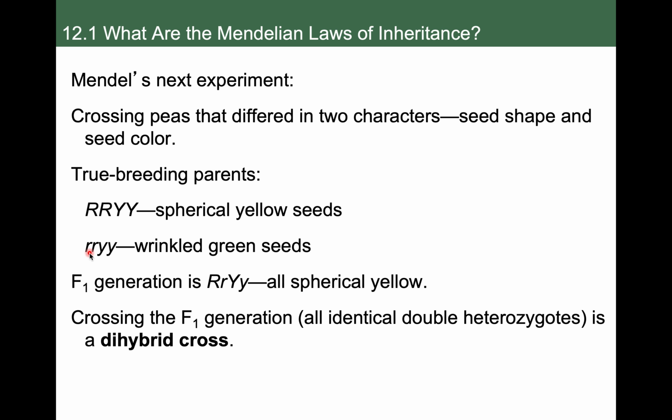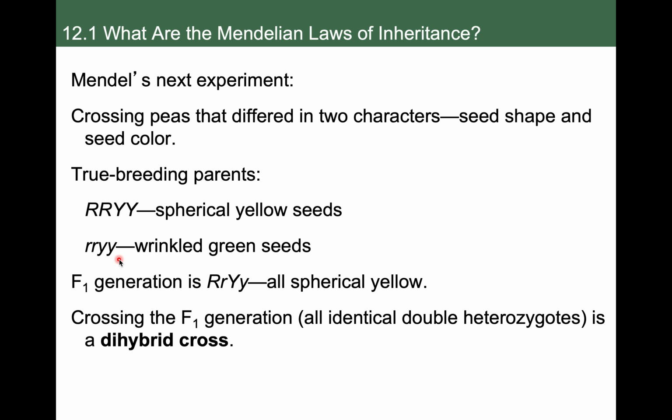But he basically did the same experimental setup, right? So we had these very inbred, quote unquote, true breeding parents that were completely homozygous, either homozygous dominant or homozygous recessive. Crossed those, looked at the F1 generation, and then allowed those to self-fertilize, grew up the F2, and looked at ratios there.